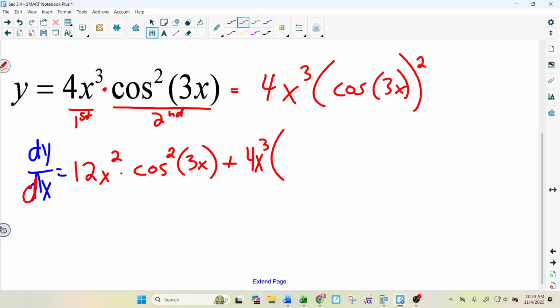You can't bring the 2 down and change it to sine at the same time. Correct. Because you're working on two different levels, right? Two different layers. You've got to deal with the outside layer by itself before you can go to the inside layer. And when you do that, you're kind of doing two layers at the same time.